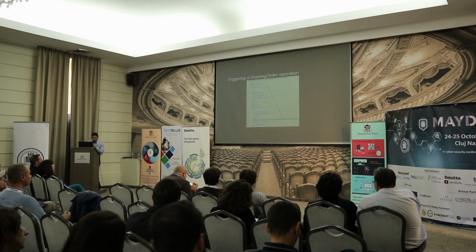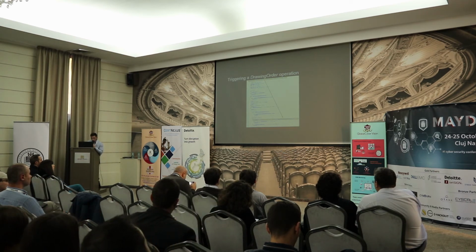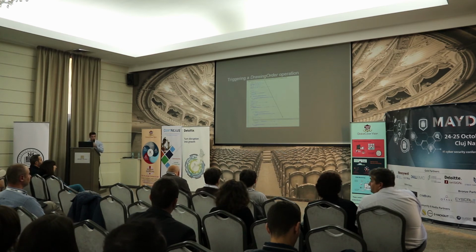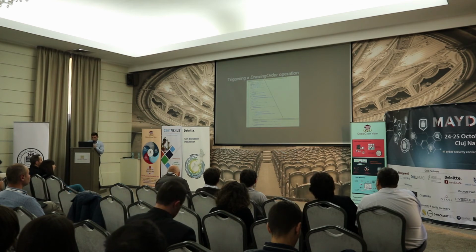So it turns out, after more analysis, that a drawing order is triggered by a method which is called bparse win32 meta file. And we're starting to get a little bit of goosebumps here because we're getting to some methods that are probably API calls, and we can make them from the exterior, from our code.